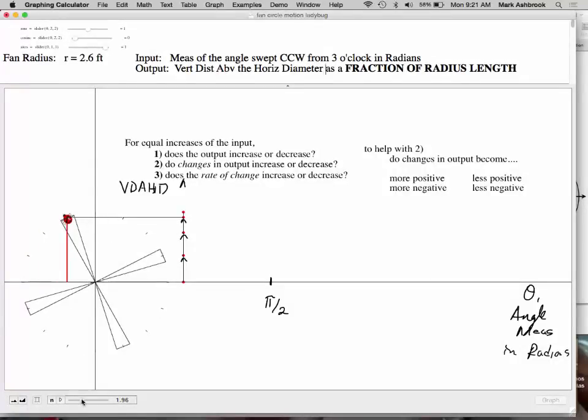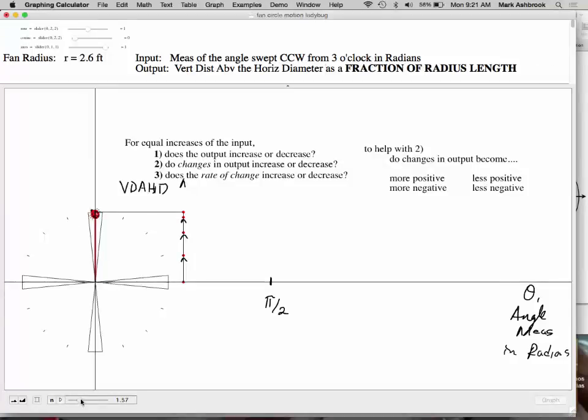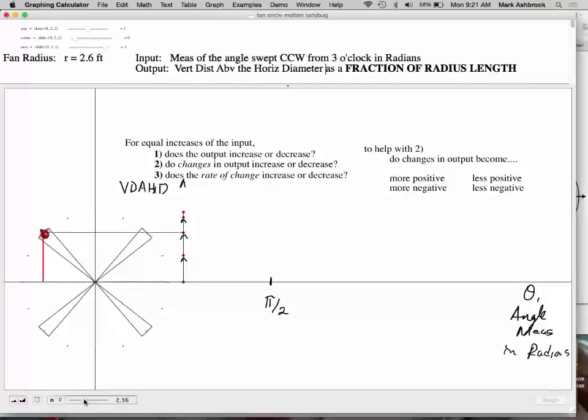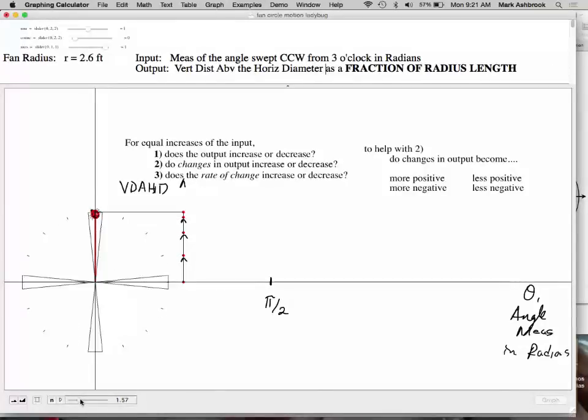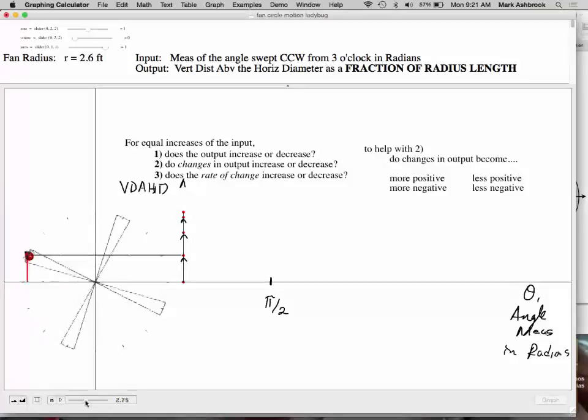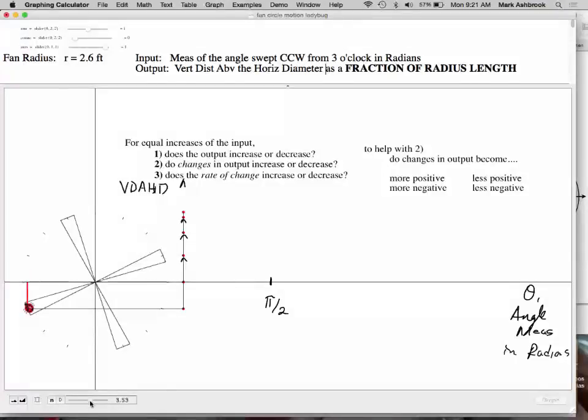Don't answer now. Work with the person next to you. Are the changes in vertical distance positive or negative? And are they becoming more positive or less positive, or more negative or less negative? So you're answering questions 1 and 2 for the second quadrant.